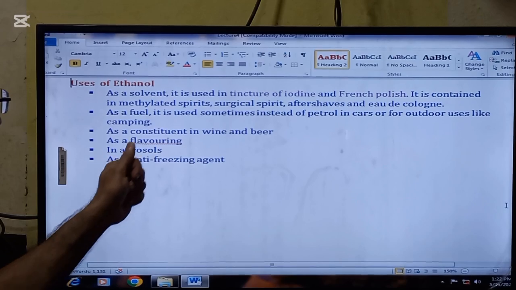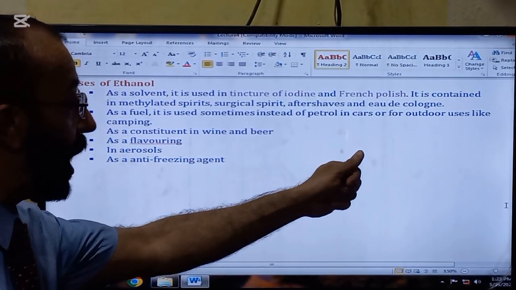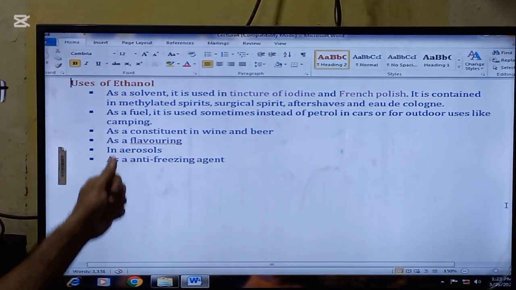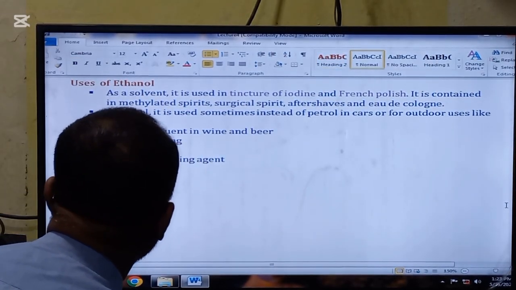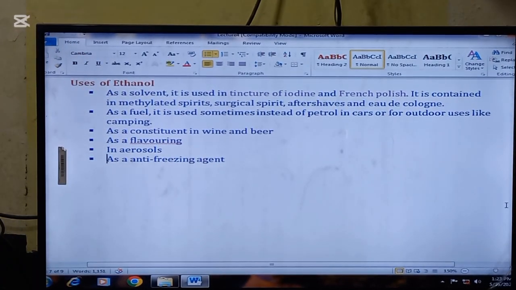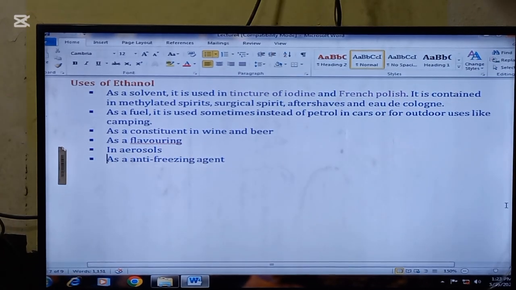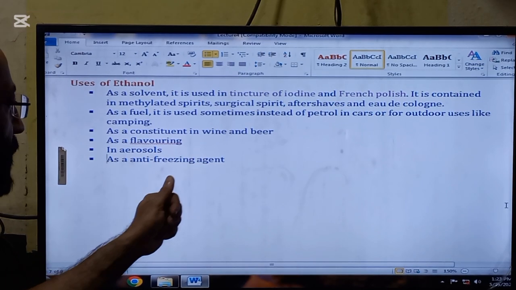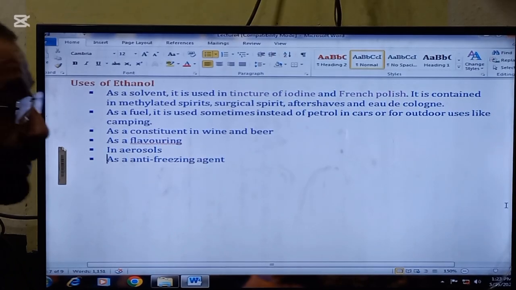As a fuel, it is used sometimes instead of petrol in cars or for outdoor uses like camping. As a constituent in wine and beer. Ethanol is also used as a flavoring. Ethanol is used in aerosols. And ethanol is used as an anti-freezing agent. So these are some uses of ethanol.